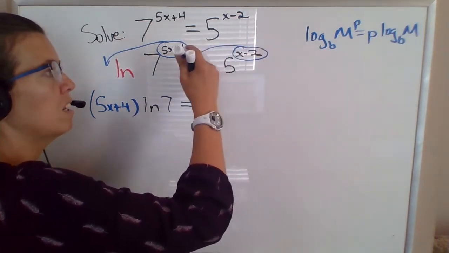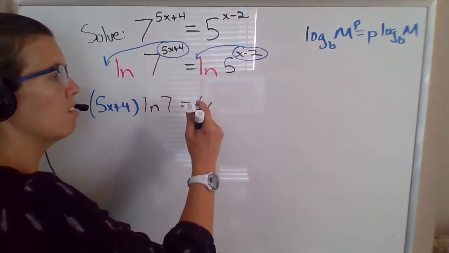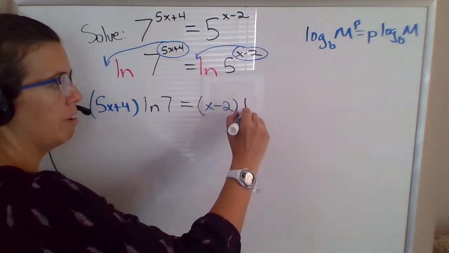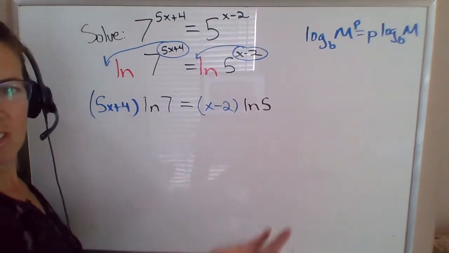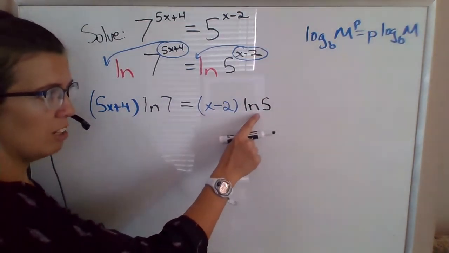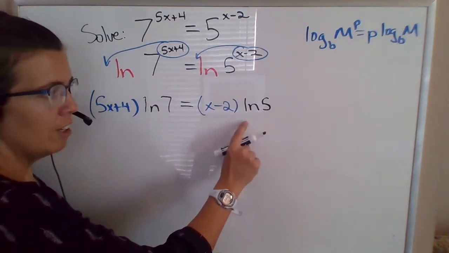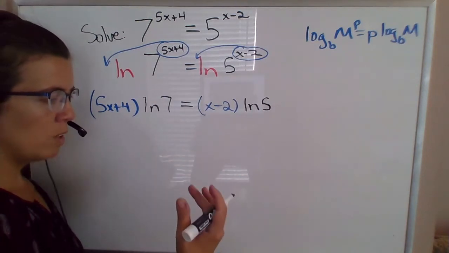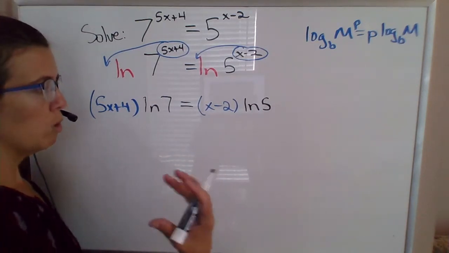The same deal over here. This exponent can come down, and this becomes x minus 2 times natural log of 5, which again is just a number. You shouldn't punch this into your calculator, though, and then round it off. Don't replace this with a decimal number, because that's going to cause round-off error, which tends to propagate.